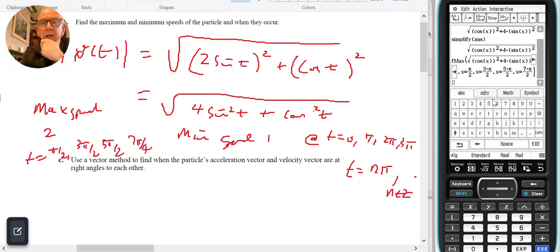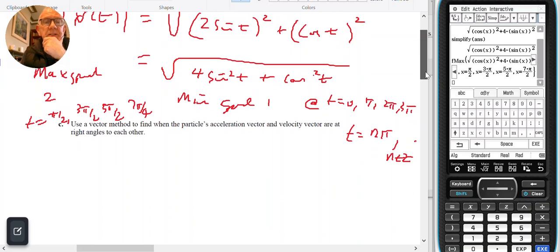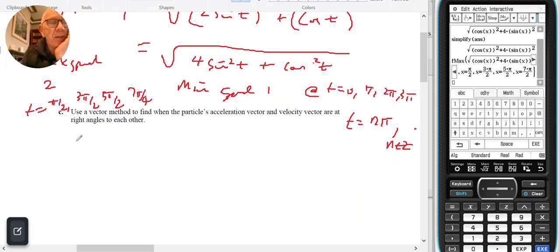By putting in 4 pi, I got enough of the answers to give me a pattern. So that's all the odd multiples of pi/2. So t equals (2n + 1)pi/2, where n is an element of Z, the integers. So that's the maximum and minimum speeds.